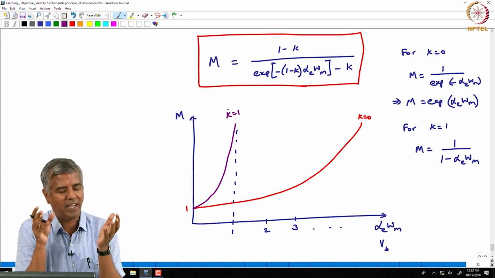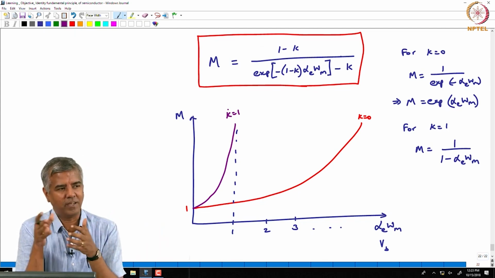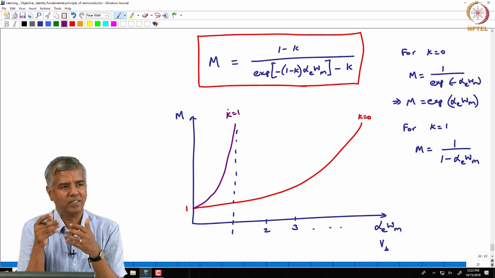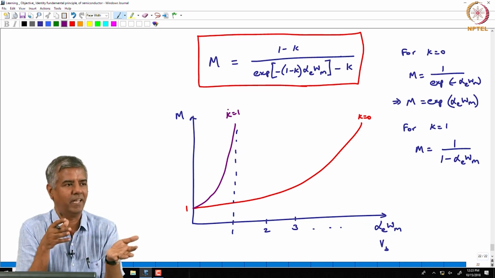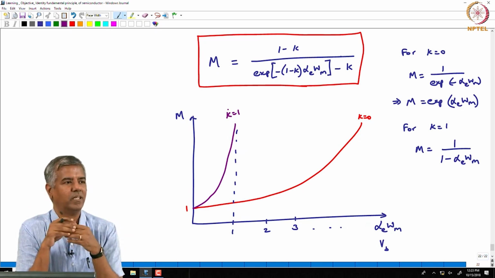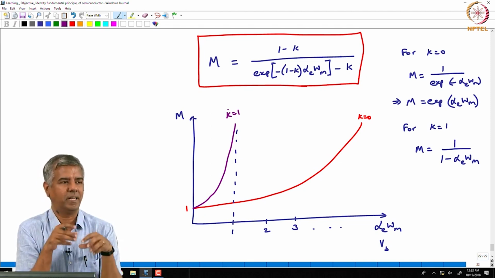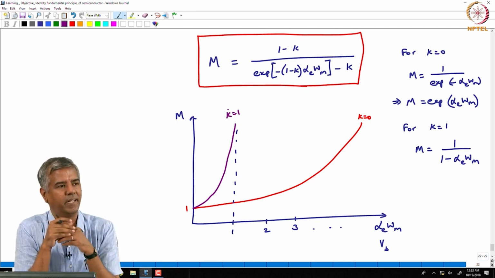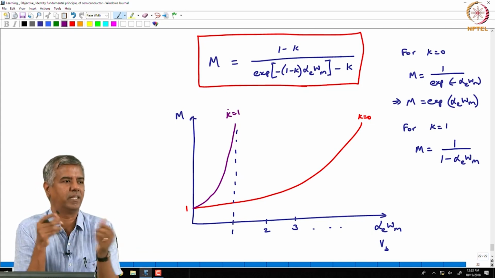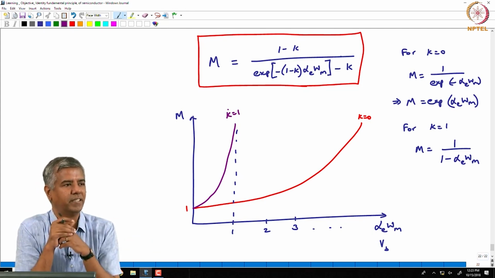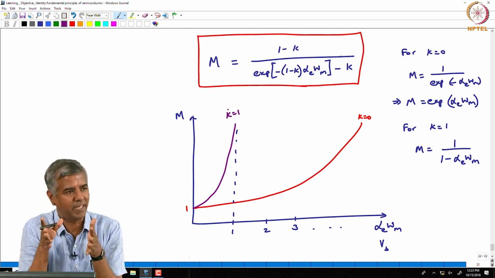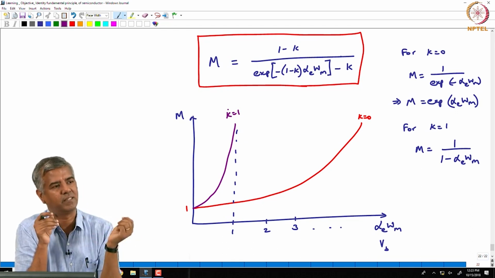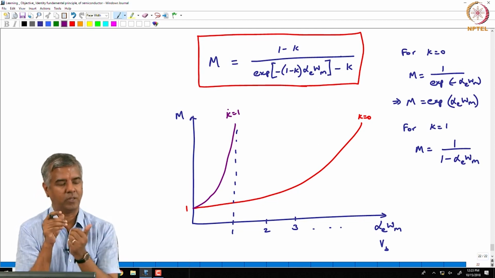So, although physically you cannot think of this hole generating an avalanche process by itself, the hole does create a perturbation which essentially generates secondary electrons that are left behind. Right. So, with this high electric field, essentially what we are saying is that hole propagates.